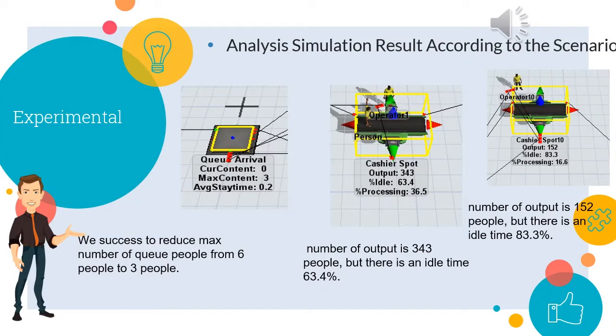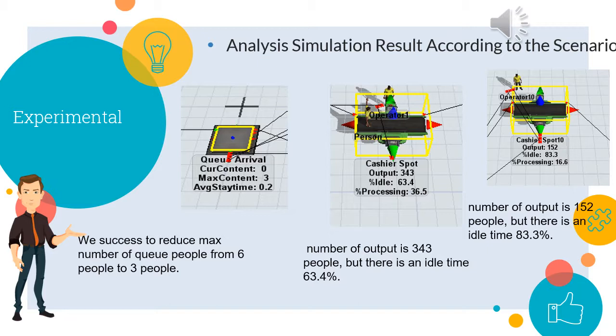And this is our analysis of the simulation result according to the scenario of the second simulation model. For the first result, we succeeded in reducing the maximum number of people from 6 people to 3 people. And the second result is the number of output is 343 people, but there is an idle time of 63.4%.